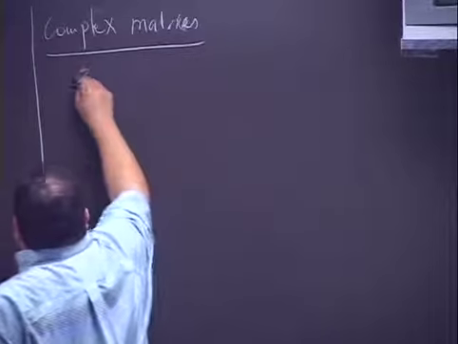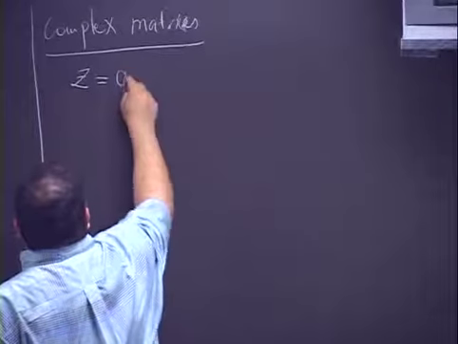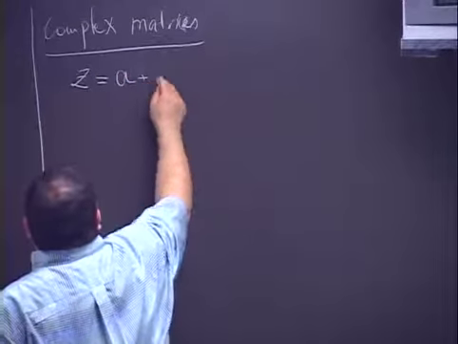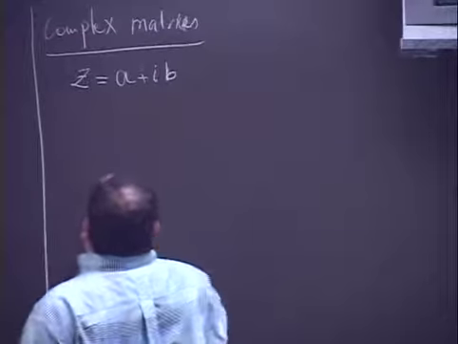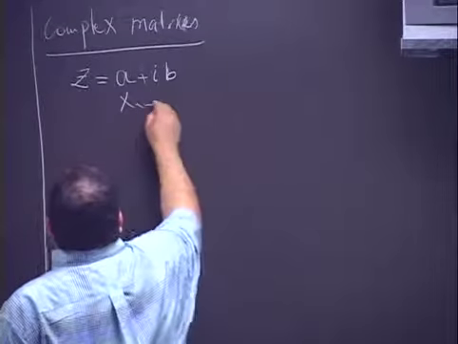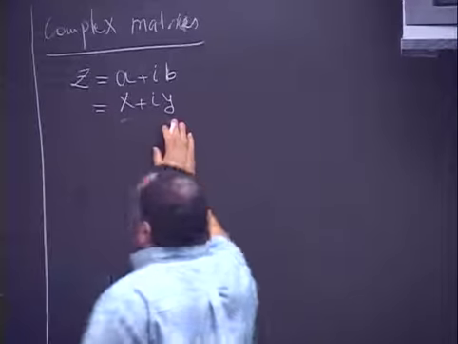A complex number usually can be written as z equal to a plus ib, or x plus iy, or whatever. And this is the simple form.